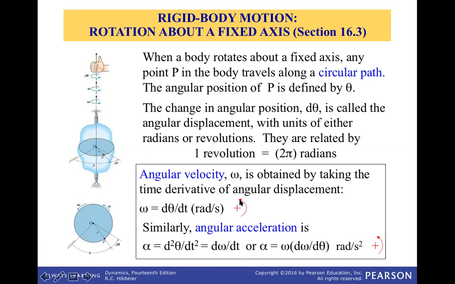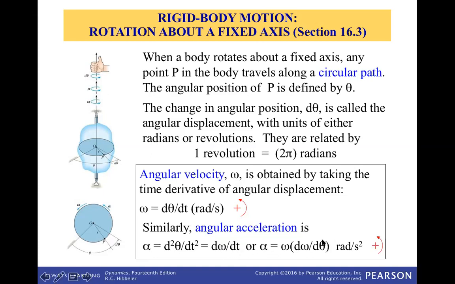Then omega would also have the positive direction in the counterclockwise direction, okay? And clockwise would be negative, okay? Similarly for acceleration, all right? So angular acceleration will be the second time derivative of the angular position, okay? So it is the time derivative of the angular velocity, all right?